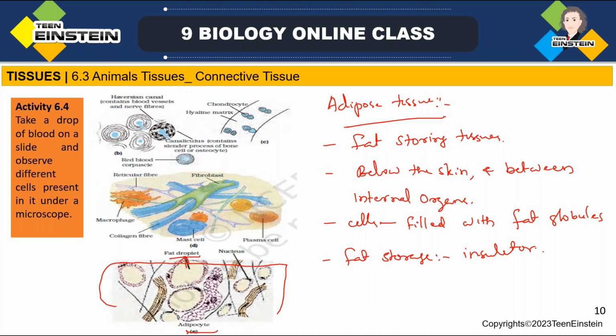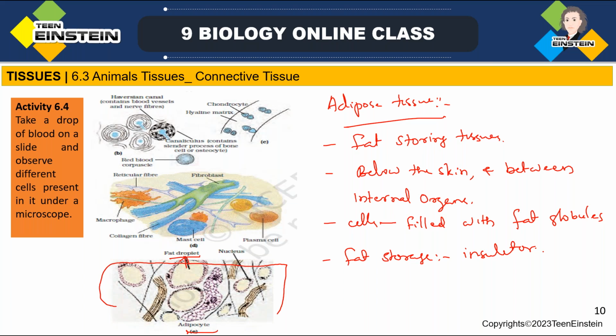Clear? So today we have learned about connective tissue. Here you can see different types of connective tissues like blood cells, bone cells, cartilage, areolar tissue, adipose tissue. All these are connective tissue, right? In blood you can see a fluid or liquid matrix. Bone is also a connective tissue, but here the matrix is a hard substance.